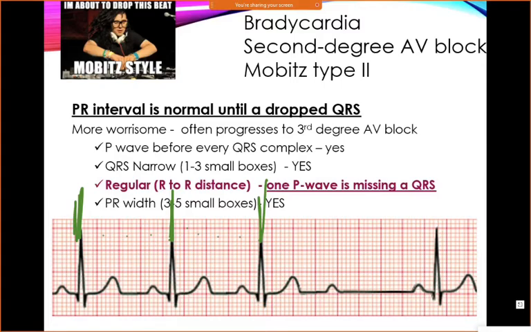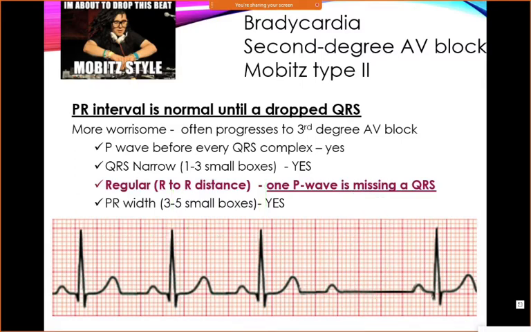We're about the same. So if we had 1, 2, 3, we would be expecting an R right here. There's nothing here. That's the dropped beat. Does that make sense? A dropped QRS is when the R to R doesn't march out. What this is missing, that's a missing QRS. That should have been a QRS, and it's not there, so that's a dropped beat.